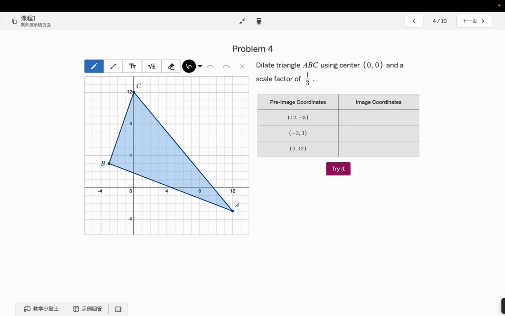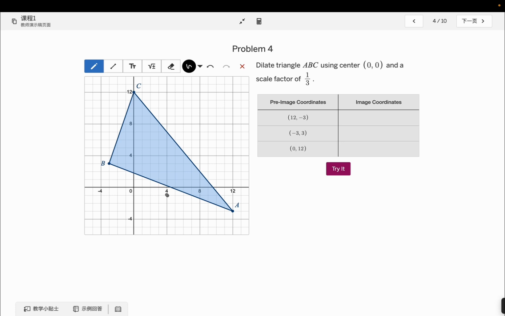They also use the origin as the center of dilation and a scale factor of 1/3. So let's determine A prime, B prime, and C prime together. Point A is 12 units right and 3 units down. So if we want to make it 3 times smaller, then we will have 4 units right and 1 unit down.